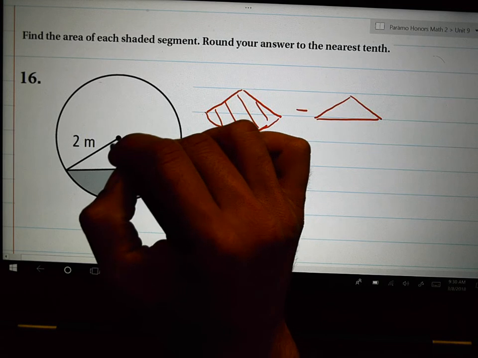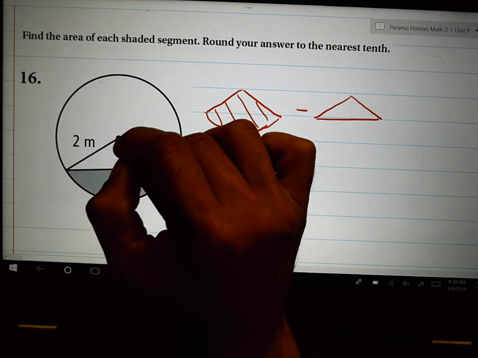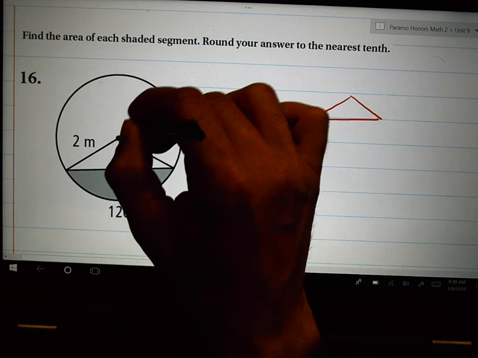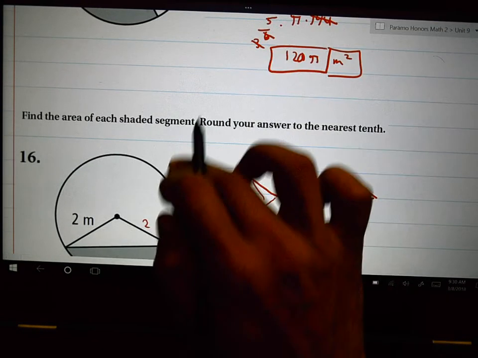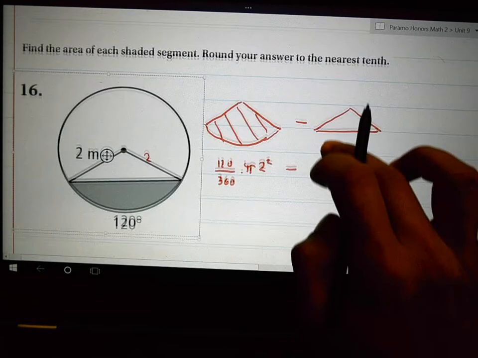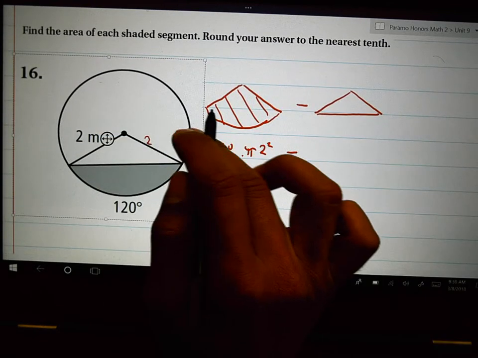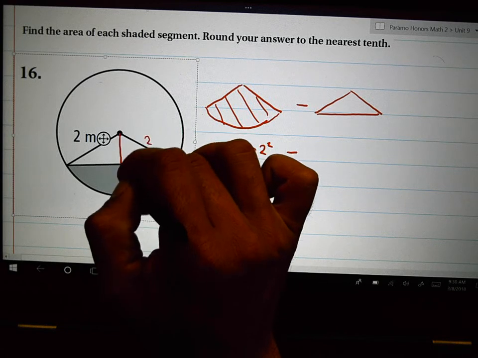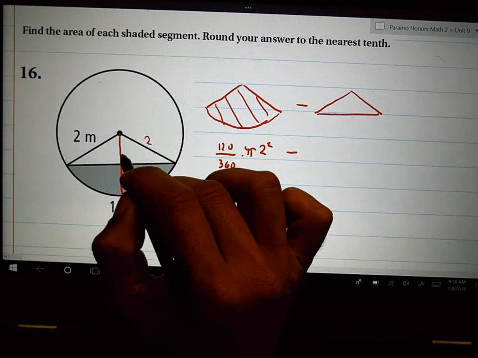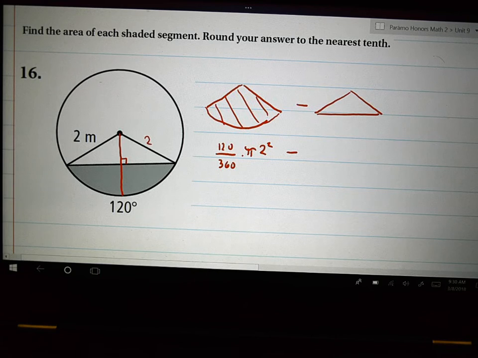Way back when we did constructions, I don't know if you know this, but if I draw a line from here perpendicular, that's going to cut it directly into 2 equal pieces.